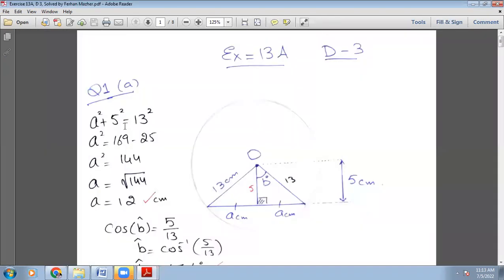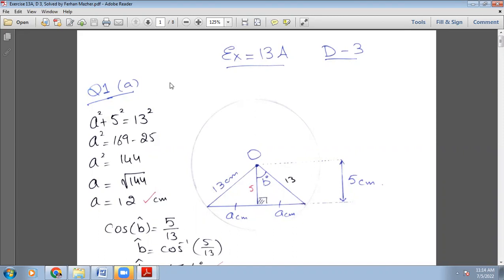Here on your screen, you can see the first thing. I will try to find the value of a, because this is 13 and this is 5, and because this is a perpendicular bisector of the chord, this angle is 90, this angle is 90. So here I will apply the Pythagoras theorem. Hypotenuse is 13, 5 is the perpendicular, a is the base.